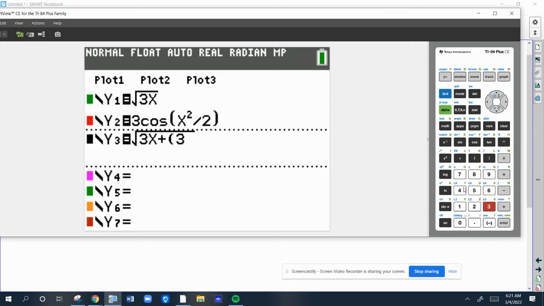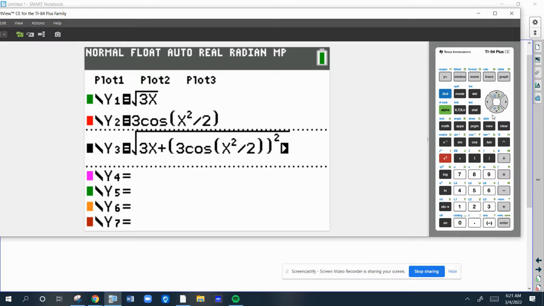So 3 cosine x squared over 2, and I need to square that whole thing. And then I'm going to subtract the 3.5, so it's set equal to 0.